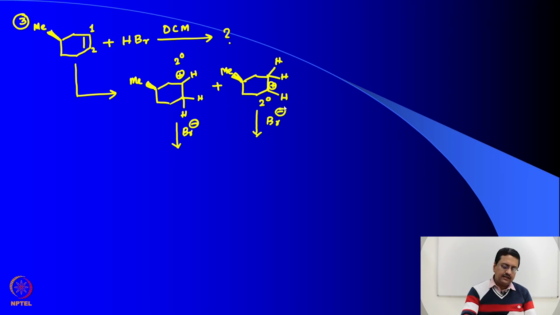Now you see that the carbocation which is here or there has two equivalent faces, the top and the bottom. So if bromine comes from the top, it will give a product which would have bromine above the plane with the methyl group above the plane. And if bromine comes from the bottom, then you will have this product.